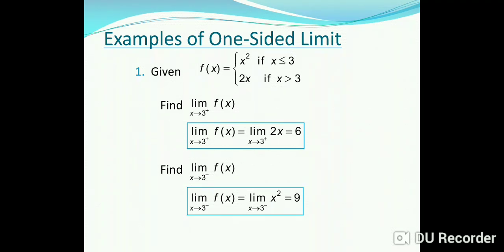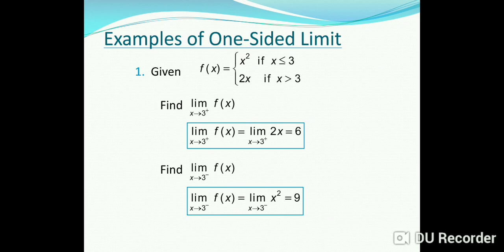Now we will see examples of one-sided limit. Consider the first example, f(x) is equal to x squared if x is less than or equal to 3, and f(x) is equal to 2x if x is greater than 3. First we find the right hand limit, that is limit of f(x) as x tends to 3 plus.